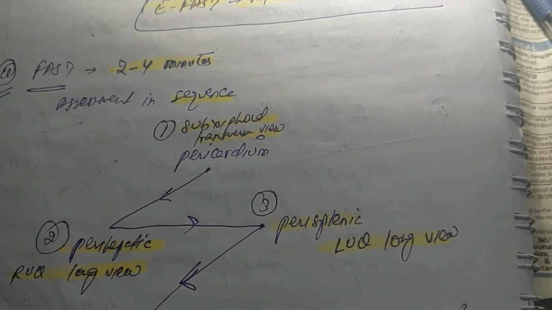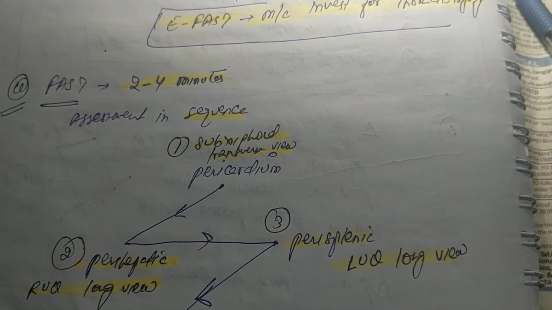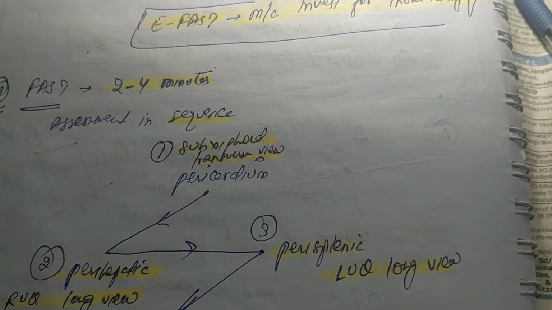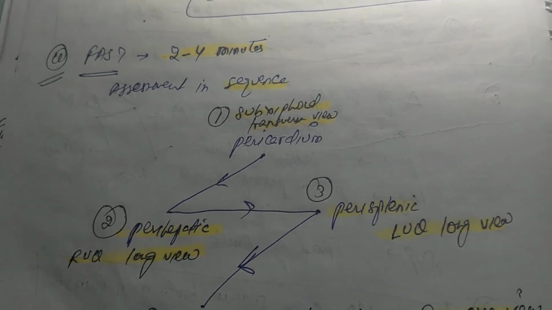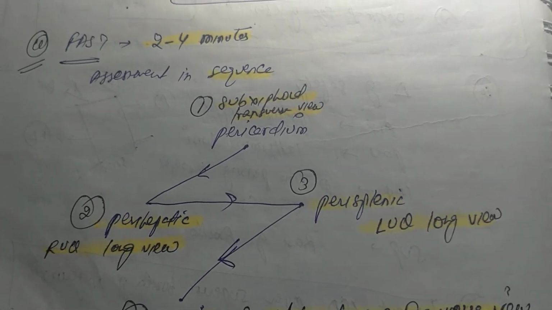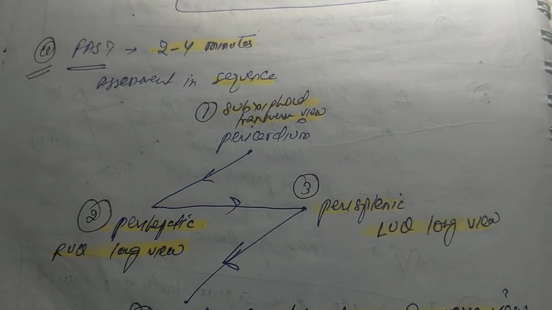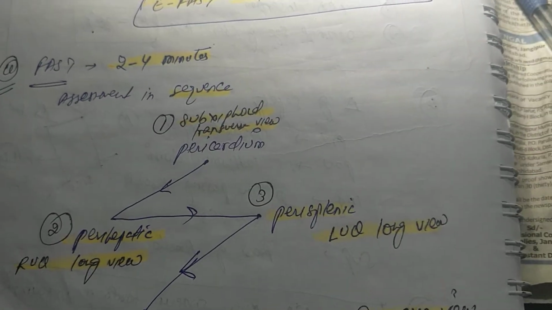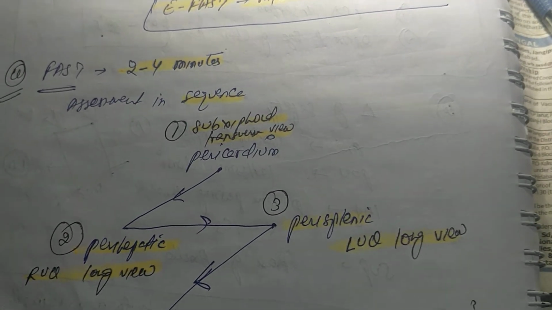So let's see sequence-wise. First is the pericardium area. Now feel the pericardium: there you will get the subxiphoid transverse view. In case of perihepatic, obviously the liver is on the right side, so the right upper quadrant longitudinal view. If you go for the left side perisplenic, then you have to do the left upper quadrant longitudinal view.